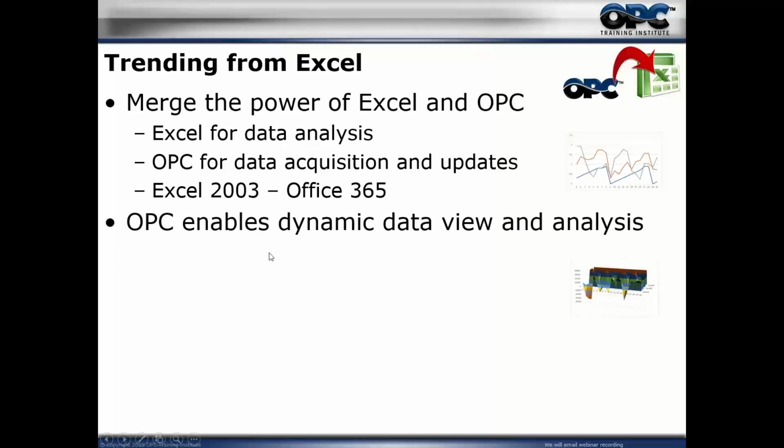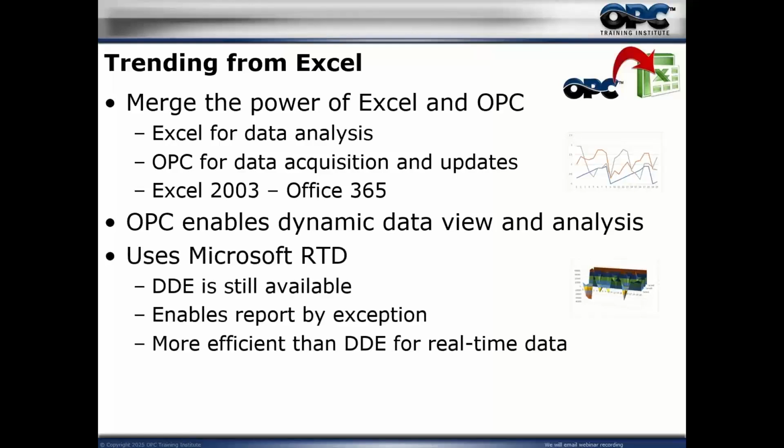OPC Expert enables this dynamic data view, meaning you can see real-time data. You can actually see and trend real-time data right within Excel and do your data analysis in Excel. OPC Expert provides what's known as an RTD, real-time data. This is different than DDE.